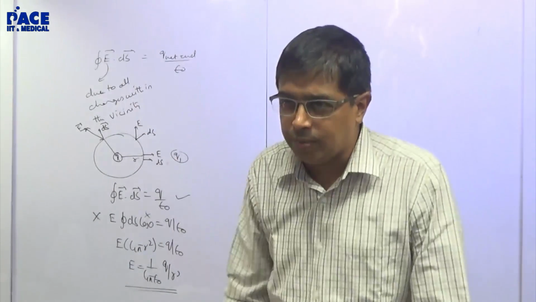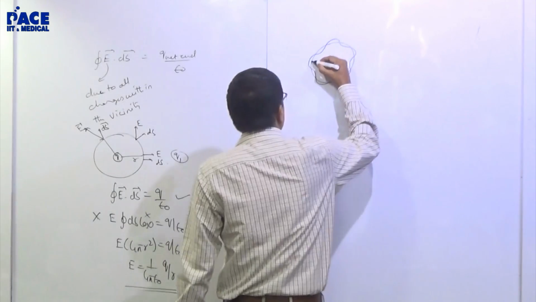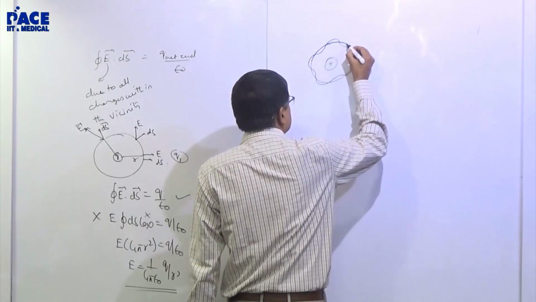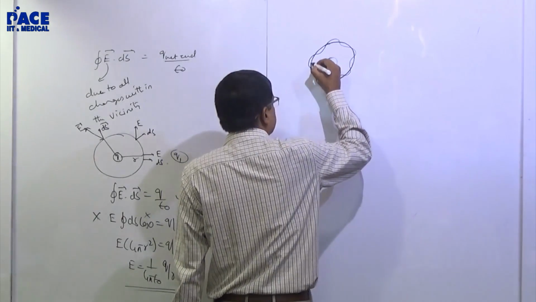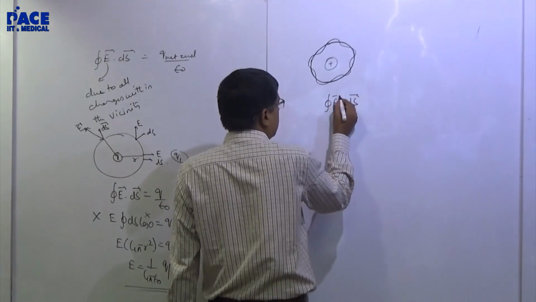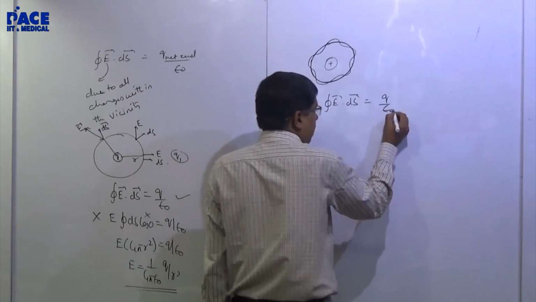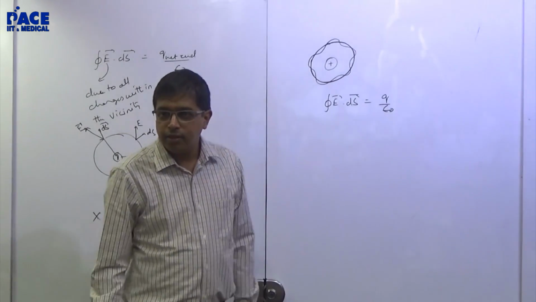Now if I assume a Gaussian surface like this, I am in soup. I don't know if that electron is inside or outside. Gauss law would become a matter of probability.